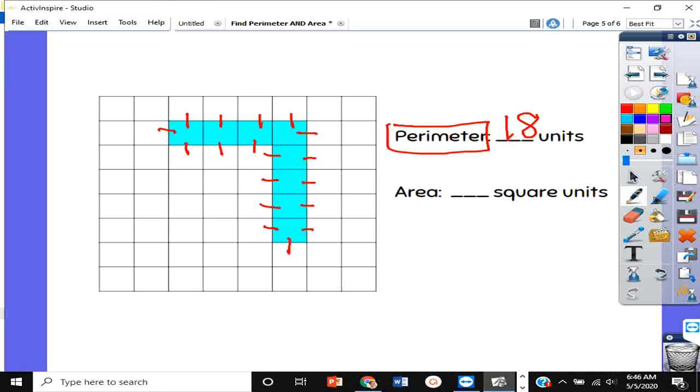All right, let's go ahead and check our area. How many squares fit inside that figure? 1, 2, 3, 4, 5, 6, 7, 8. It takes 8 square units to fill the inside of that figure. So the perimeter is 18 units and the area is 8 square units.